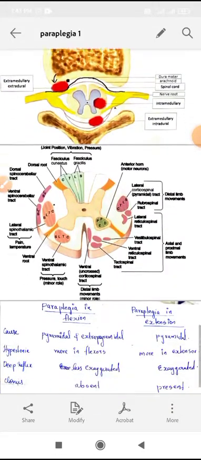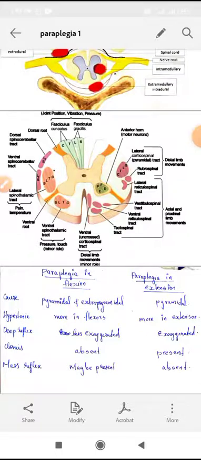Next, we have to find out whether it is paraplegia in flexion or paraplegia in extension. In paraplegia in flexion, there is involvement of both the pyramidal and extrapyramidal tracts. In paraplegia in extension, there is only involvement of the pyramidal tract.